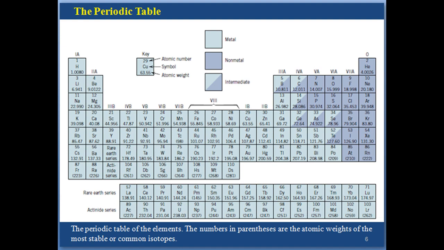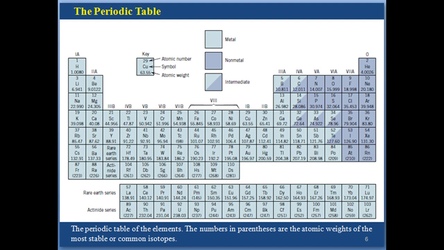These are sometimes termed electropositive elements, indicating that they are capable of giving up their few valence electrons to become positively charged ions. Furthermore, the elements situated on the right hand side of the table are electronegative. That is, they readily accept electrons to form negatively charged ions, or sometimes they share electrons with other atoms.